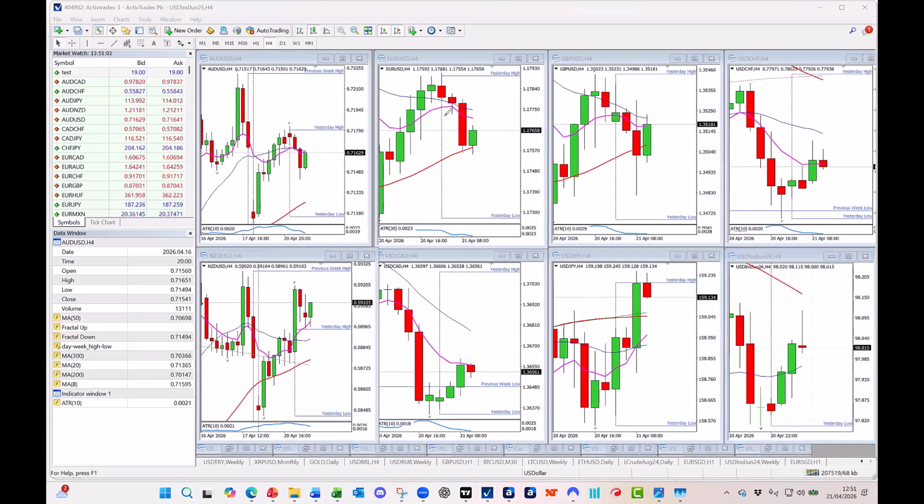If you look at euro against dollar, bang. Price is in between the 20 and the 50, which are coming down, squeezing. Same with cable, squeezing going on there. The kind of interesting thing is Kiwi dollar had that bump last night. As I said, the inflation numbers were higher than expected.